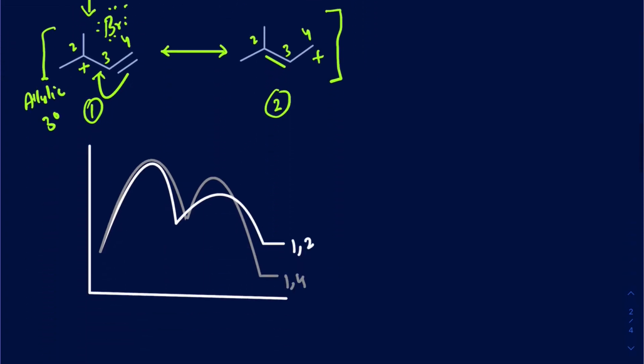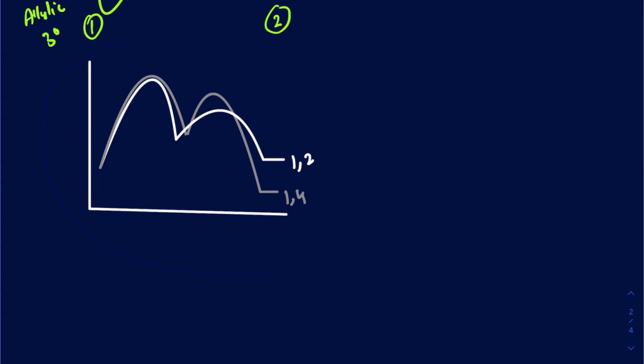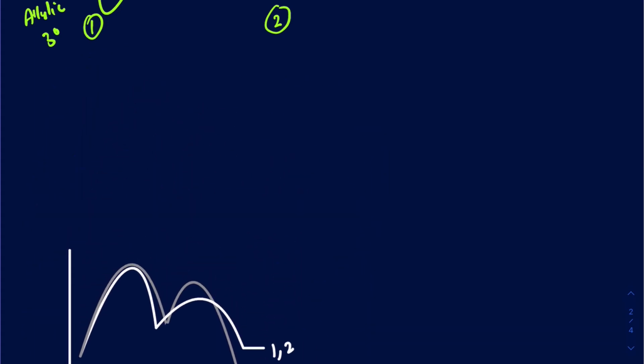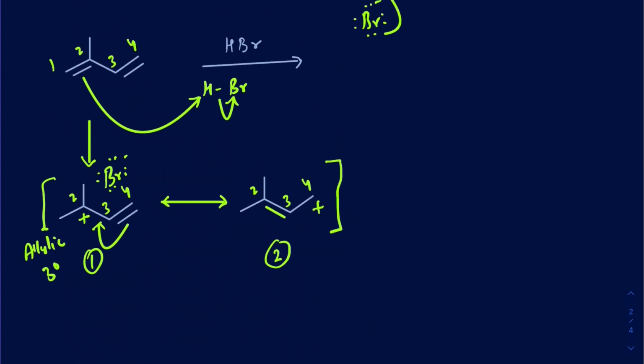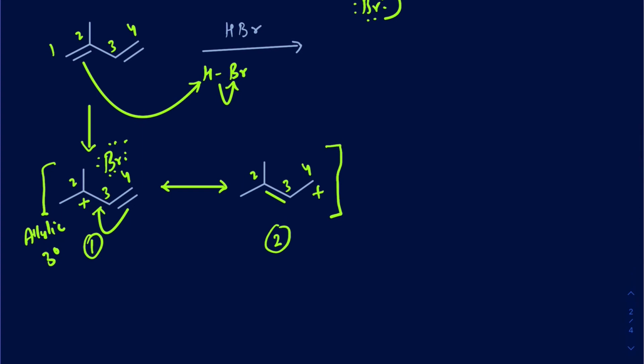So at the end of the day, let me just move this down a little bit. I'll have two possibilities. I'll have either my bromide attacking this resonance 1, and it's not chiral, so I don't really have to worry about the stereochemistry. I've drawn that over there as well.